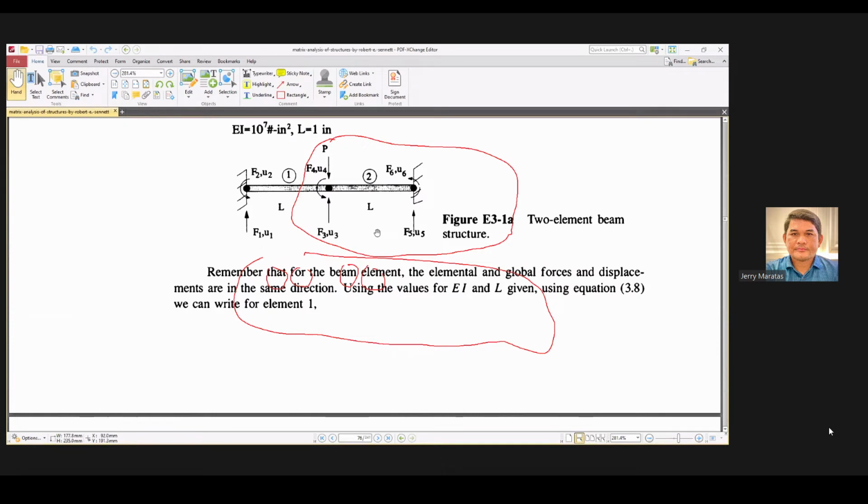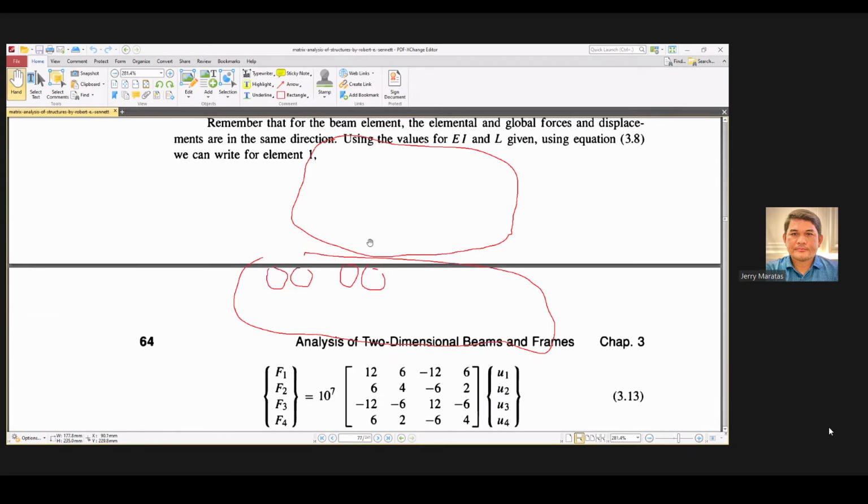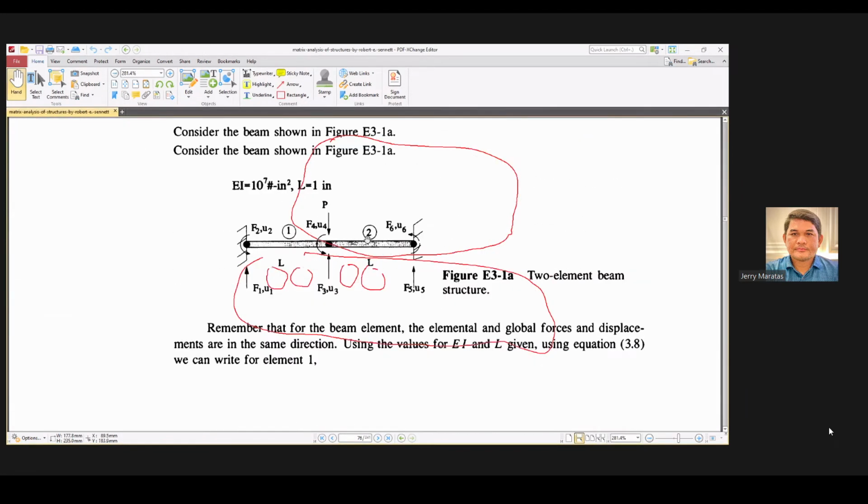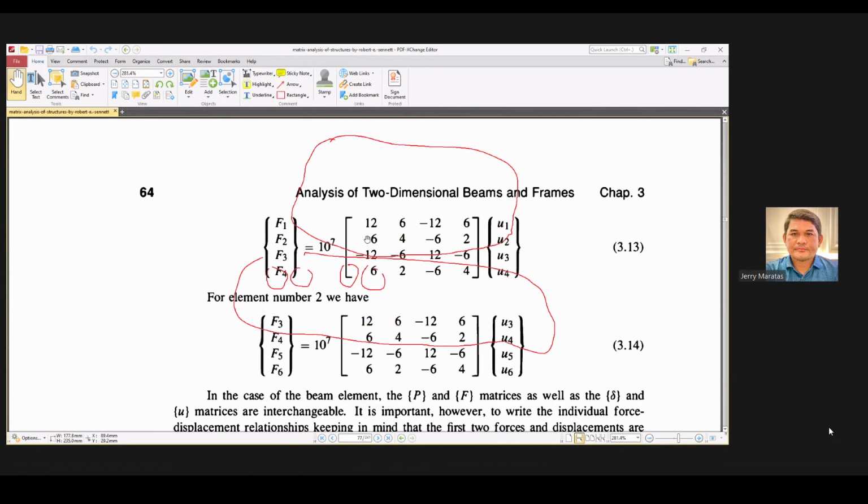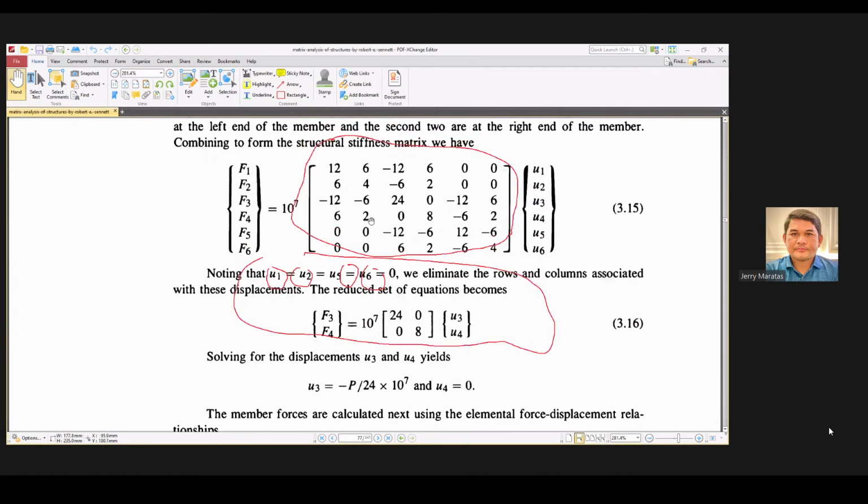And per node, there are 2 degrees of freedom. So 2 times 3 makes 6. So it is 6 by 6, and that is our structure stiffness matrix, our K for the system.